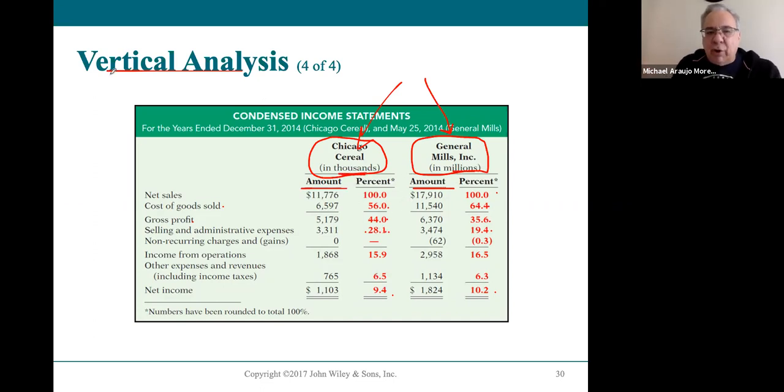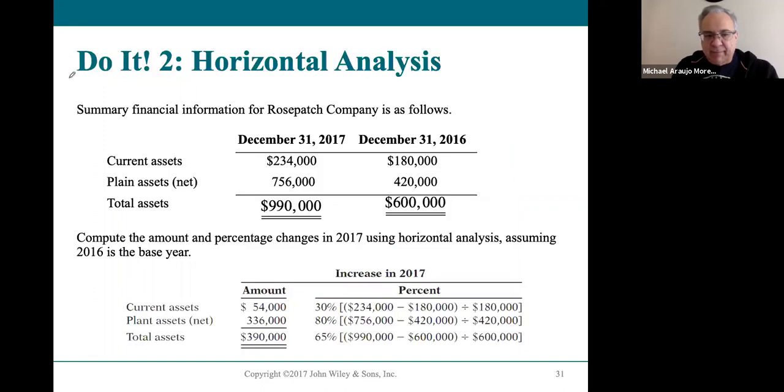However, with vertical analysis, you can see the differences based on the percentage of how much they're spending on general things. Okay, and so this makes it very good to do an inter-industry type of comparison. And that's where we're stopping today with doing exercise 2.